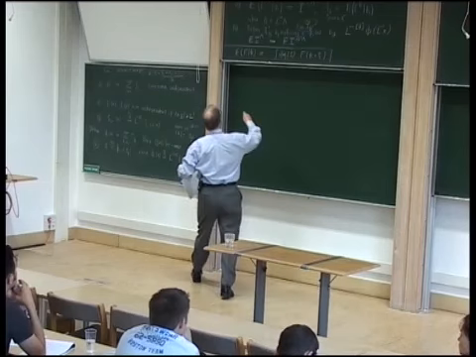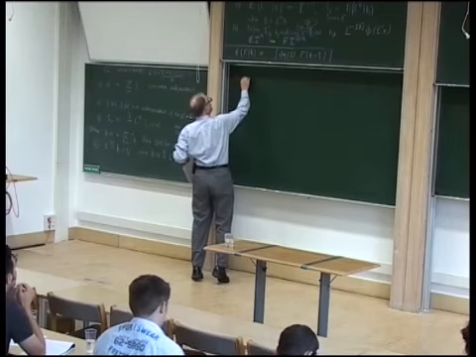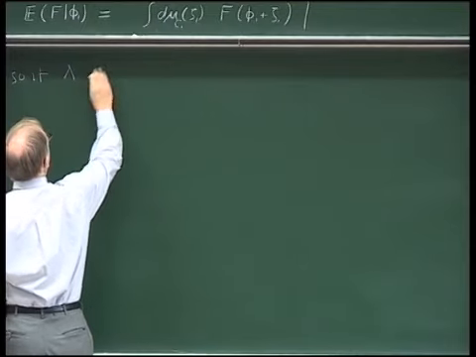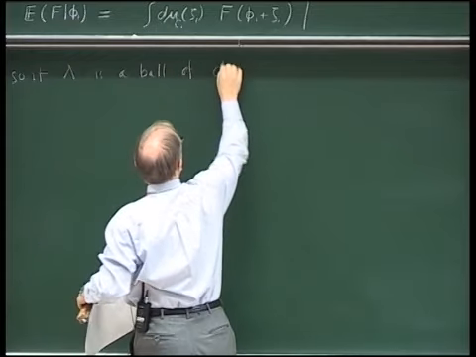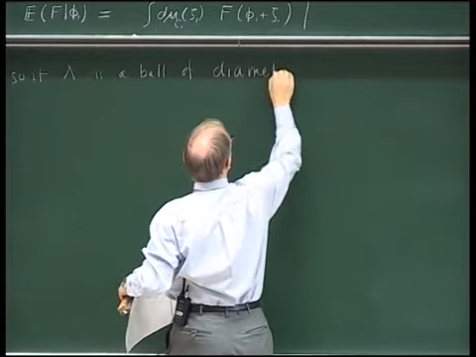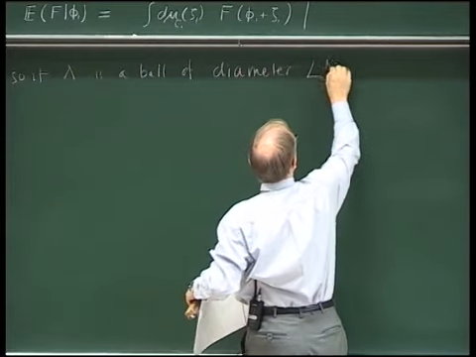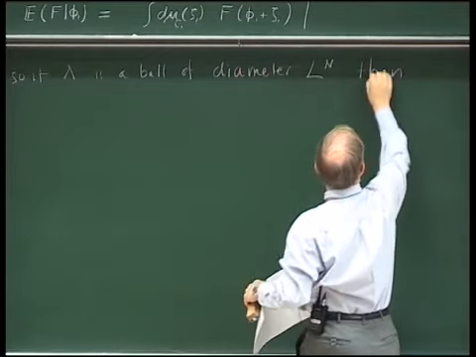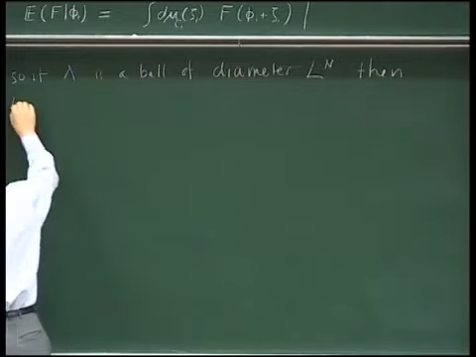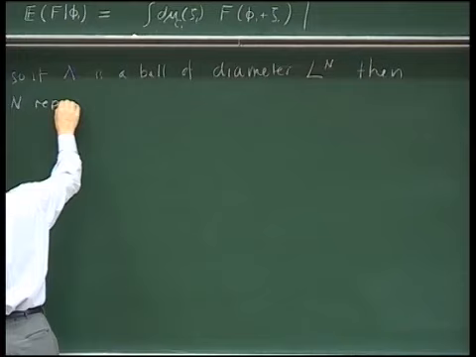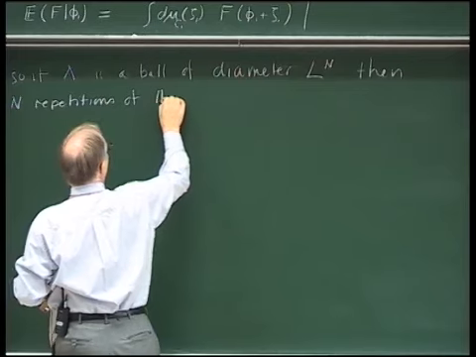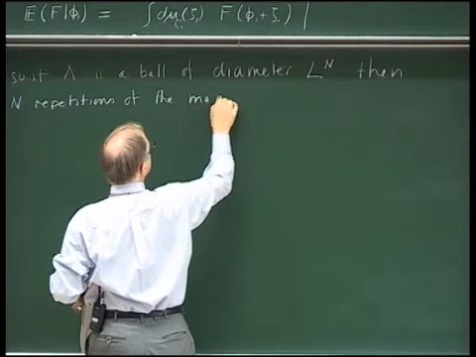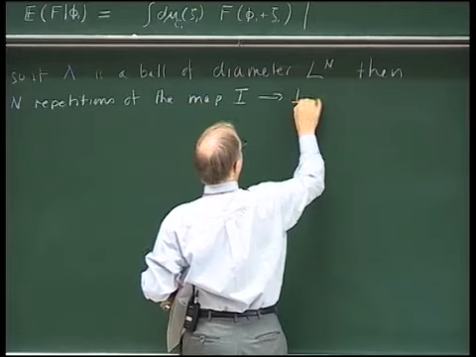If lambda is a ball of diameter L to the n, then n repetitions of the map I goes to I prime.